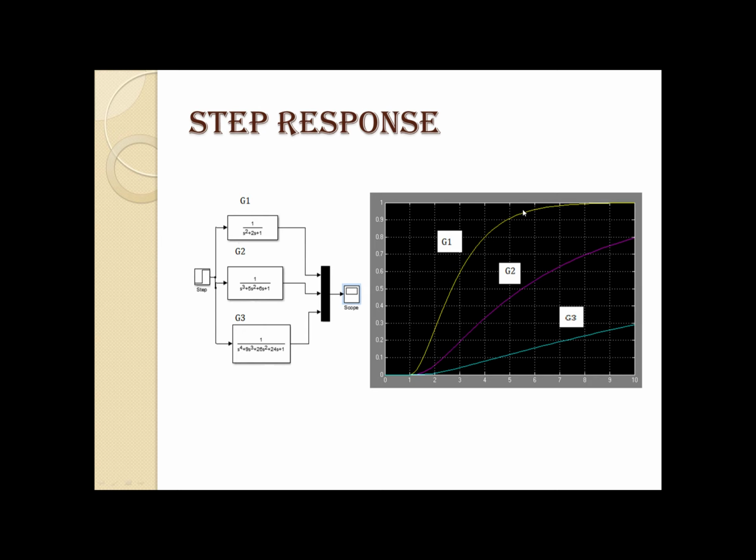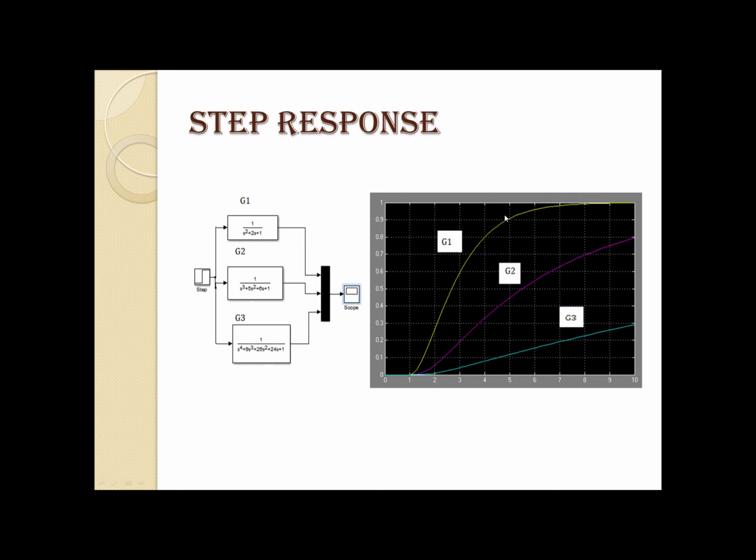This is the graph of the first transfer function, which has 2 poles, this is the graph for the second transfer function containing 3 poles, and this one is the 4-pole transfer function's response. Here we can see this one is the most stable, whereas the response becomes sluggish when we increase the number of poles in the system. So the response of G1 is much faster than the response of G2, and that is also faster than the response of G3.